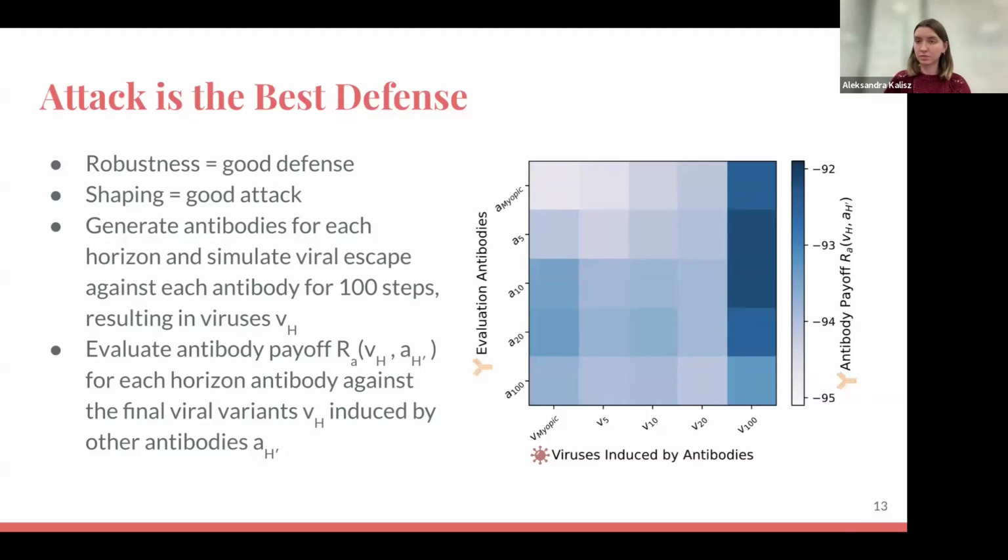This is what I was alluding to before when I said these viruses look different. It's somehow an objective measure: how do you perform against these myopic antibodies? And you can see, despite being trained for this shaping objective, these viruses are just easier to bind to in general. So almost by definition, this is affecting the mutation of the virus.